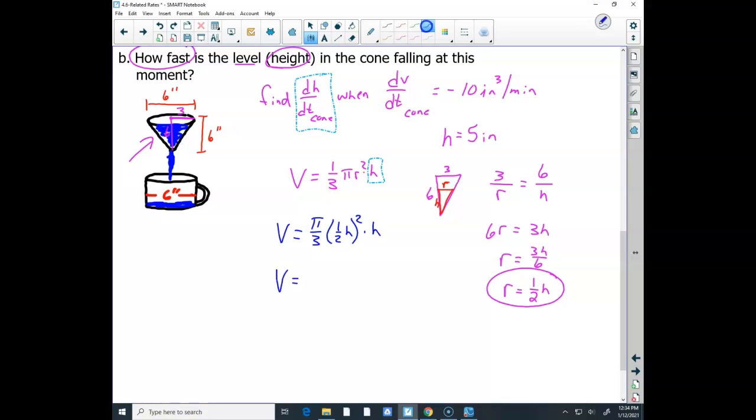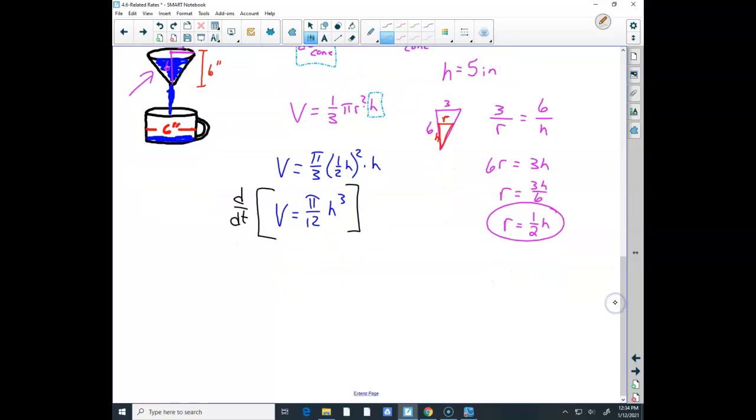So volume equals, well, 1/2 squared is a fourth times a third. That's going to give me pi over 12 h squared times h, or h cubed. Okay? Now when I take my derivative of this, derivative with respect to time, now I am cooking with coffee.